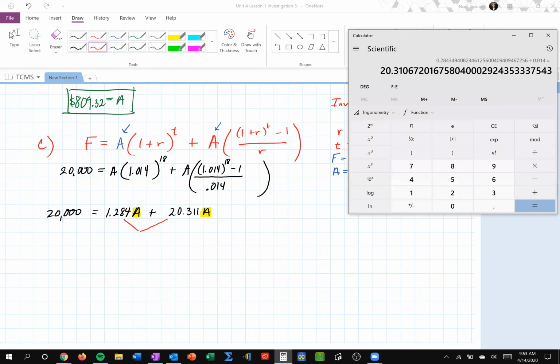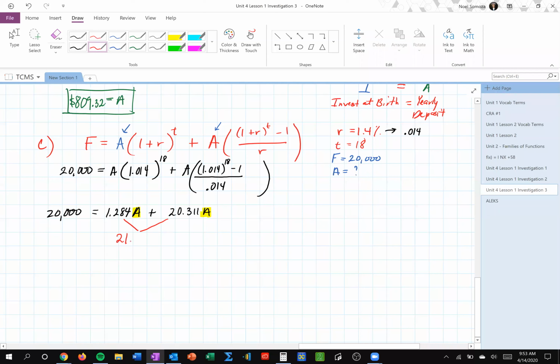When we do that, that'll be 20.311 plus 1.284. That gives us 21.595A, and then that equals 20,000. Now, to solve for A, let's divide.